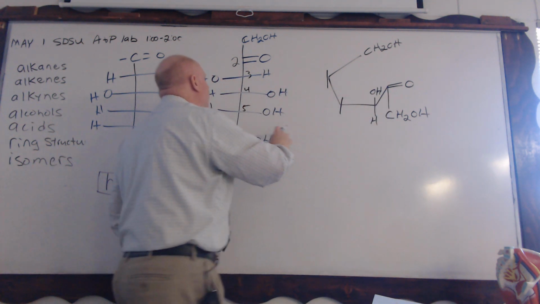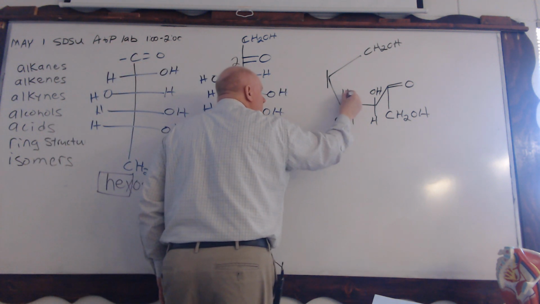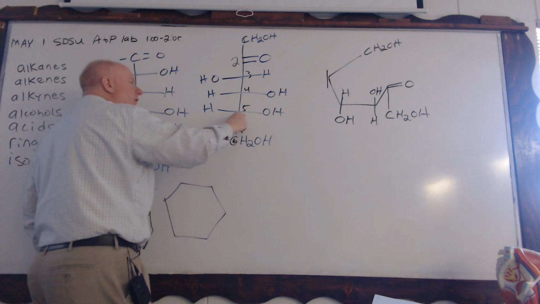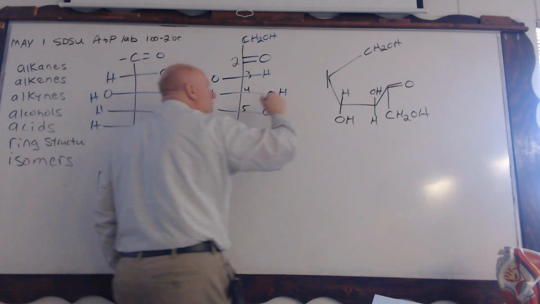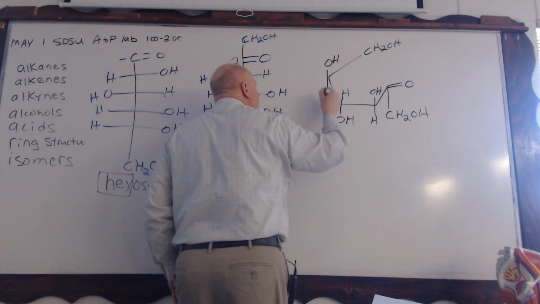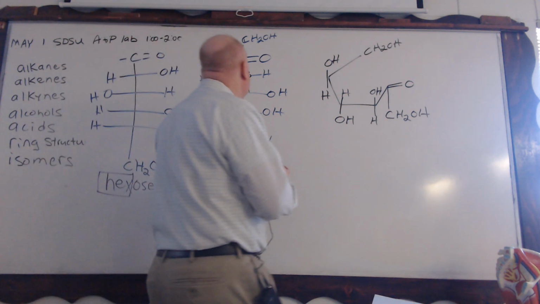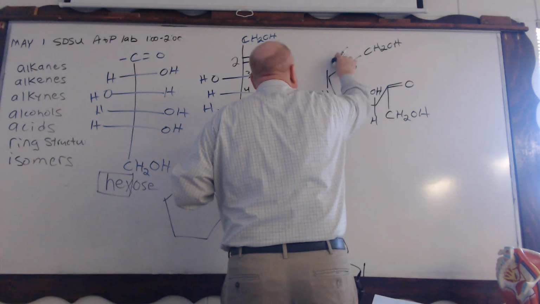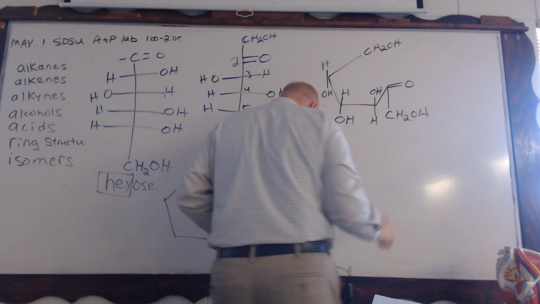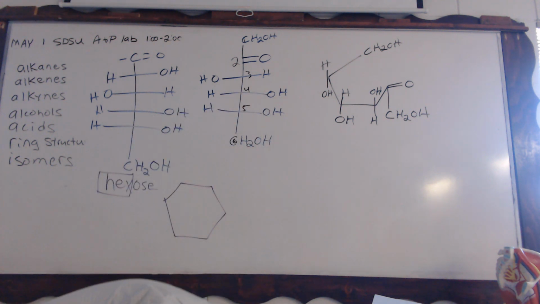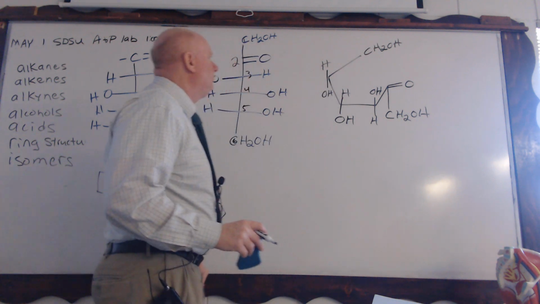Then we move over here to number 4. That one's down. And then what happens here at number 5? Oops, on the right side, isn't it? Okay. I was just seeing if we were paying attention. Okay. And then what's way out on carbon number 6? Right there, CH2OH. Okay.